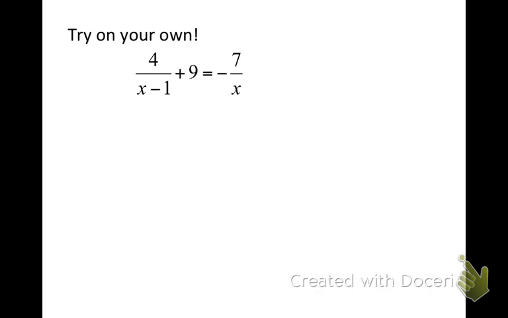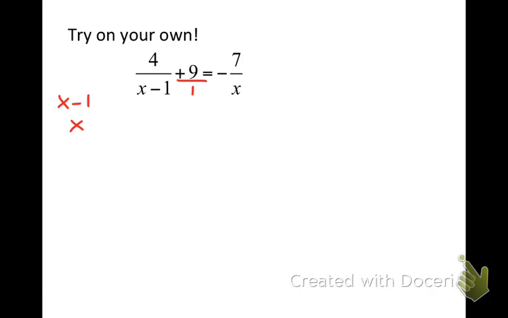We'll do this together, even though it says try on your own. 4 over x minus 1 plus 9 equals negative 7 over x. What's everything in my denominator? We have an x minus 1 and just an x, right? Because technically that 9 has a 1 in its denominator, right?